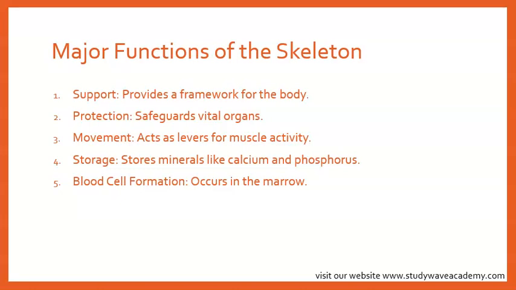The bone marrow, found within certain bones, is crucial for the production of blood cells, including the red blood cells, white blood cells, and the platelets. Do we understand? So these are the major functions of the skeleton: support, protection, movement, storage, blood cell formation.